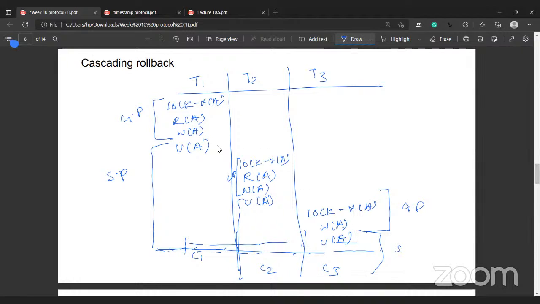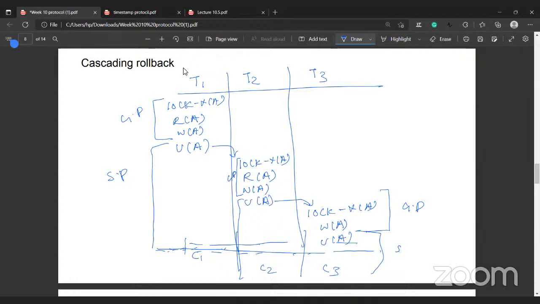But we can see that transaction T2 depends on T1, and transaction T3 also depends on T2, right? Because of one transaction's failure, we have to roll back all the other transactions, right? So this situation is called cascading rollback, right?